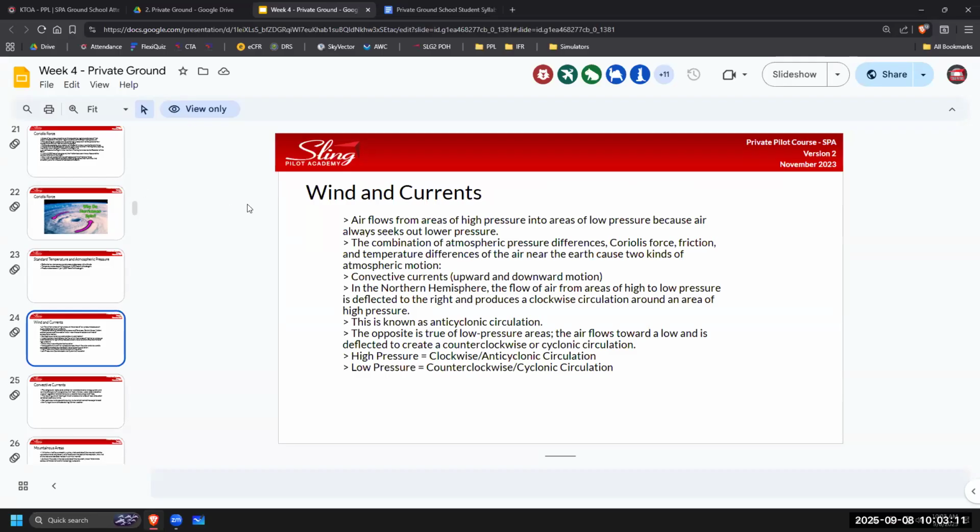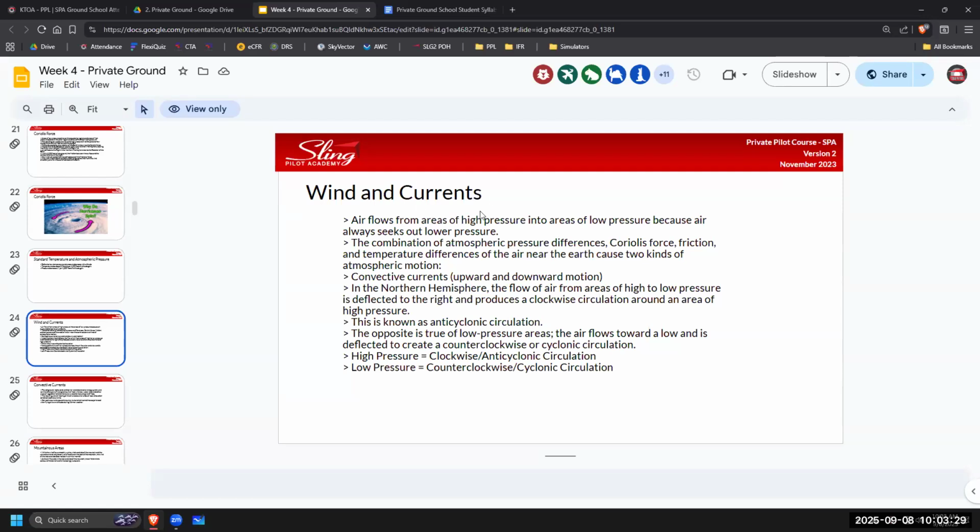Okay, wind currents, or wind and currents. We already talked about Bernoulli's principle and the idea of lift, that areas of high pressure want to go to low pressure. They seek out areas of low pressure. That's what we're talking about here.